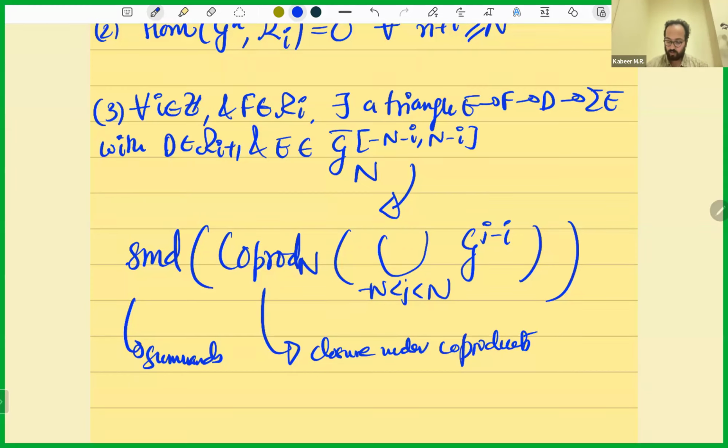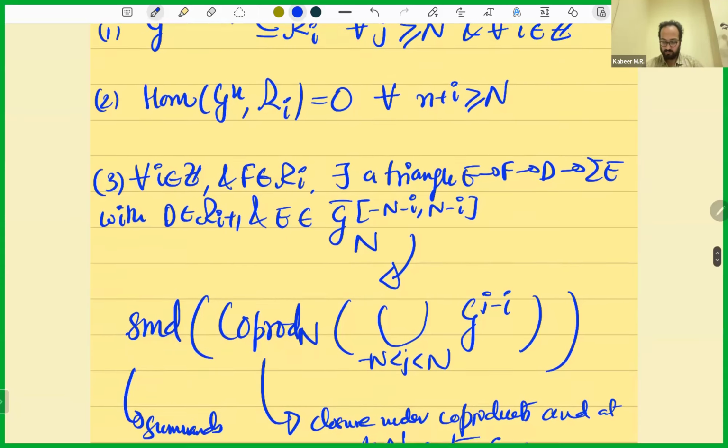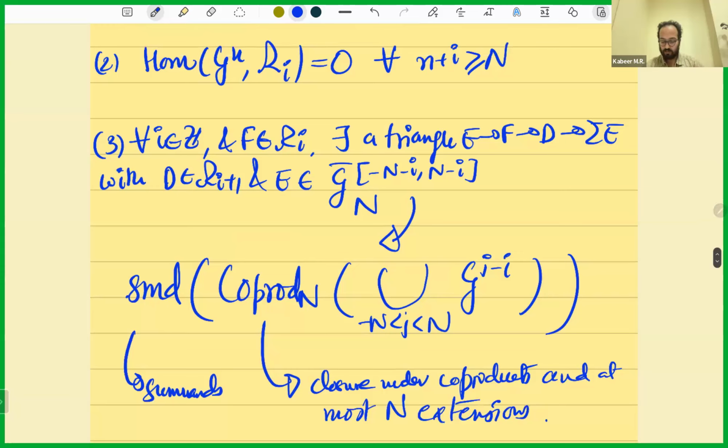Here I mean all small coproducts, and extensions. Sorry, at most n extensions, and at most capital N extensions. So this is the definition of a G-approximable triangulated category.